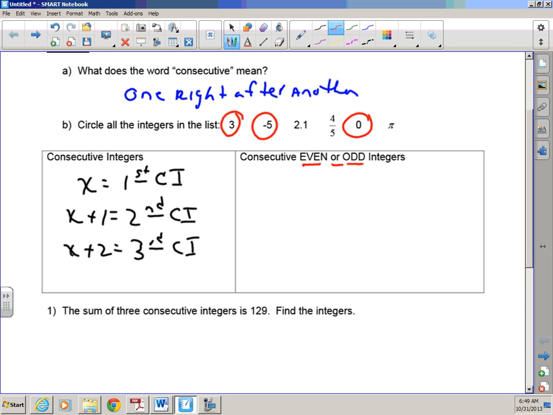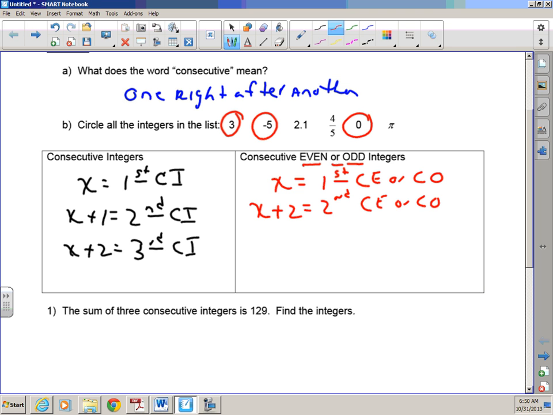This confuses students sometimes. But if x is the first consecutive even or consecutive odd, then x plus 2 is the second consecutive even or consecutive odd. What confuses students is they think consecutive odd is x plus 1, x plus 3.